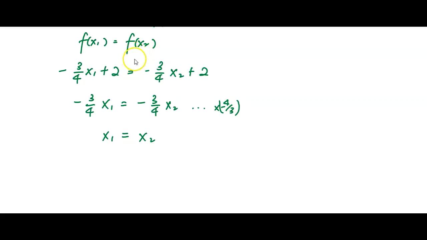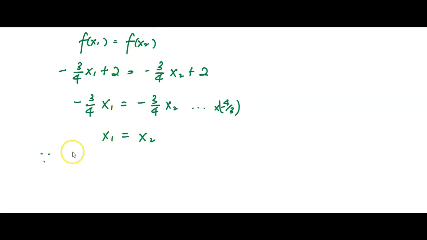Then after that we have proved that x1 equals x2, meaning that there only exists one x bringing to this value of y. So we say that this is a one-to-one function, meaning that one x value brings to one y value, that is, one object brings to one image.